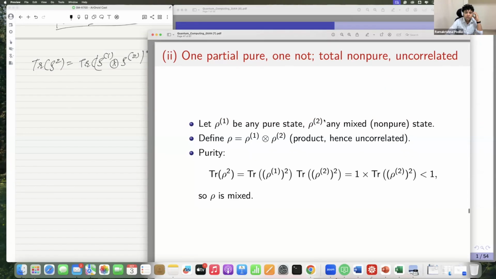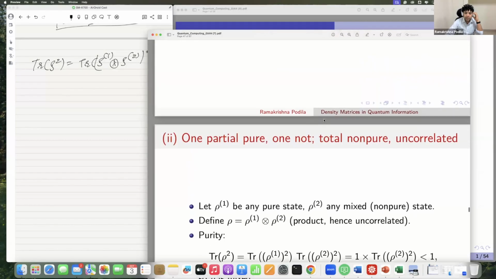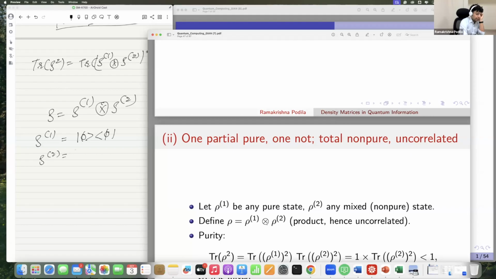By experiment, you mean? No. When we say uncorrelated, that means I can express it as a direct tensor product like this. If I can express it as a separate product where I have rho 1 and rho 2, two subsystems, then it is uncorrelated. If it is correlated, then I will not be able to express it. Okay, so if I can express it as rho 1 times rho 2, then it is uncorrelated. For example, let us say rho 1 is phi and rho 2 is psi.